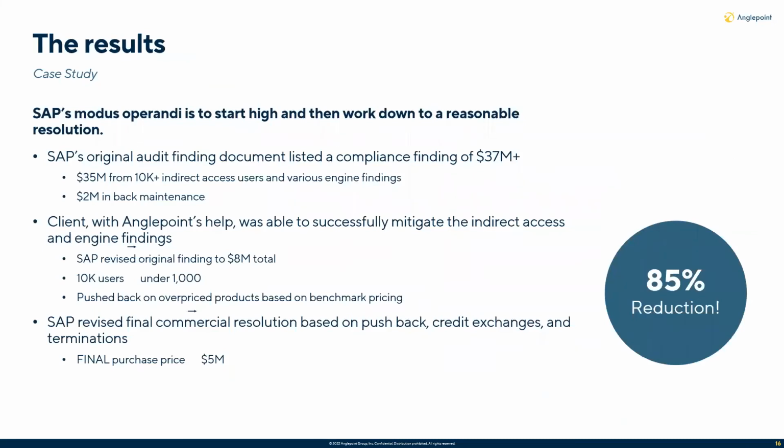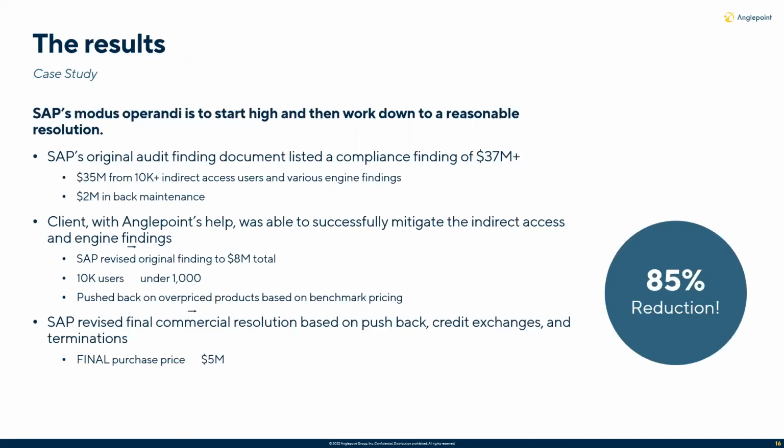The results. So ultimately, SAP came back, and again, their MO, SAP's audit MO, is that they start high and then they work down to a reasonable resolution. When you look at the original report from the SAP auditors, in our opinion, that's not reasonable.